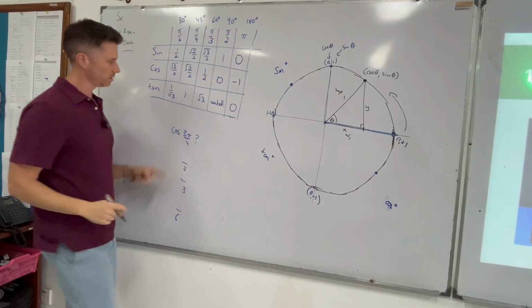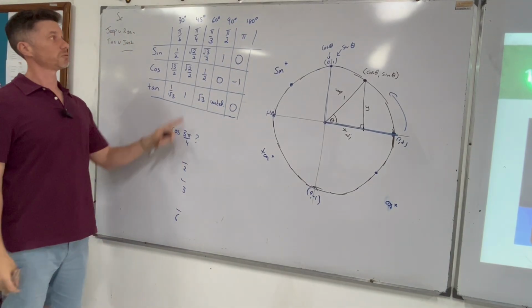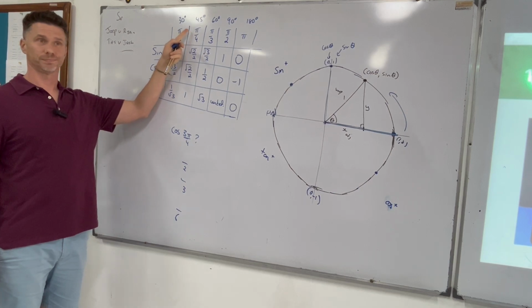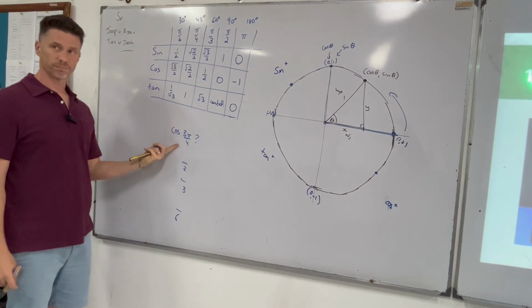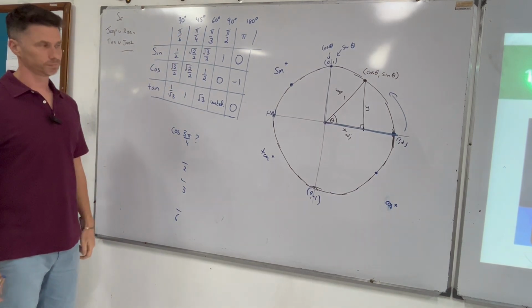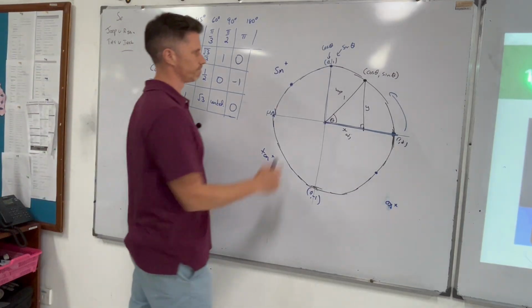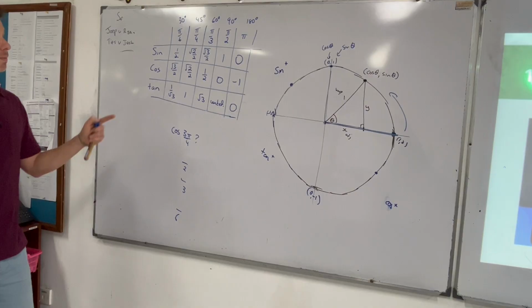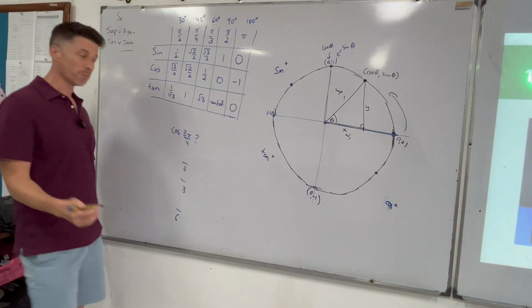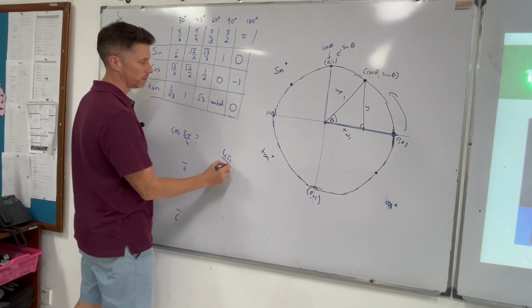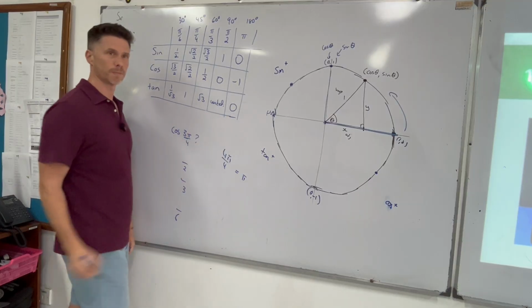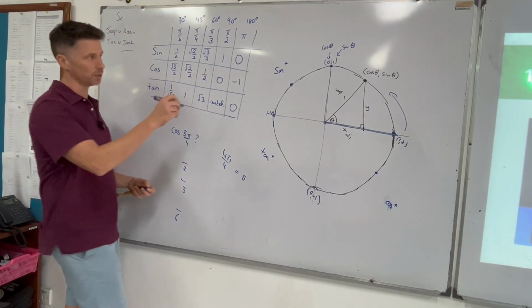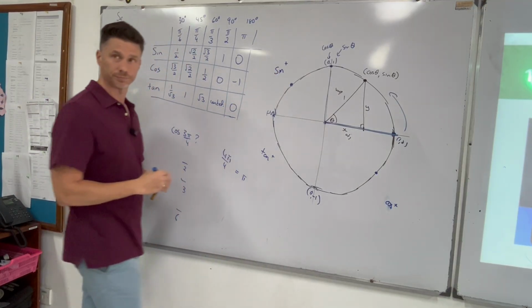Which quadrant is 3 pi over 4 in? Remember, 4 pi over 4 is pi, so it's less than that, in the second quadrant. So cosine is negative root 2 over 2.